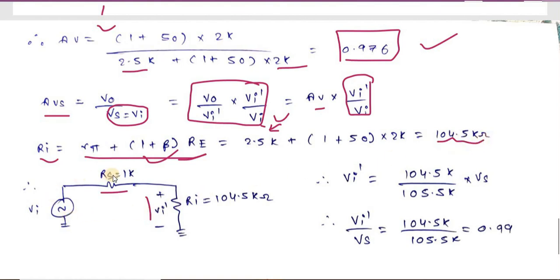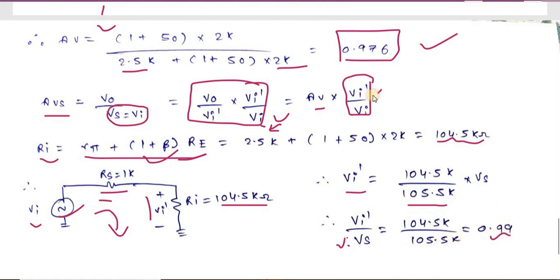So our internal circuit will become like this: VI, RS, and this is your RI. The voltage across this RI is simply VI dash. If we use the voltage divider rule, we get VI dash as RI upon RI plus RS into VI. So VI dash is 104.5 kilo ohm upon 104.5 plus 1k, which is 105.5 kilo ohm, into VS. So VI dash upon VI is 104.5k upon 105.5k, which is nothing but 0.99.